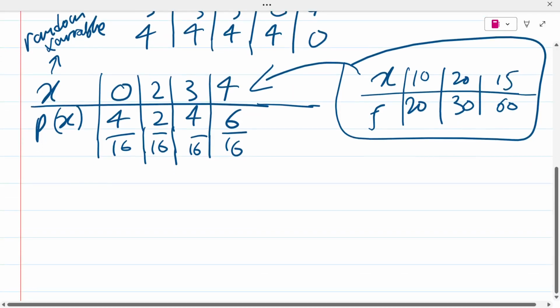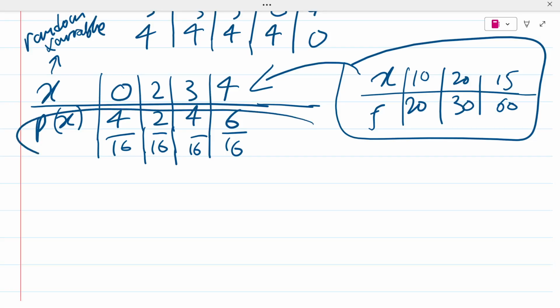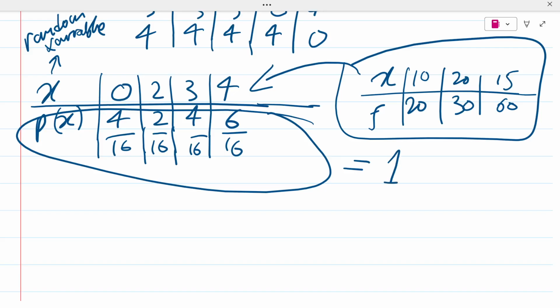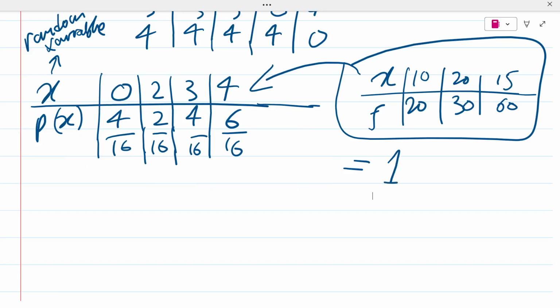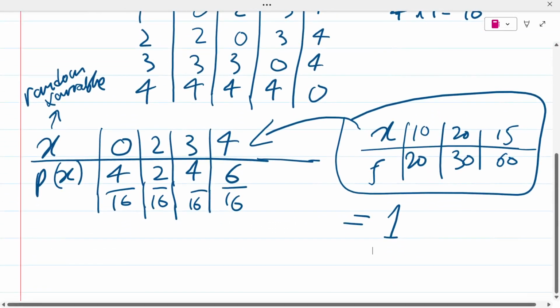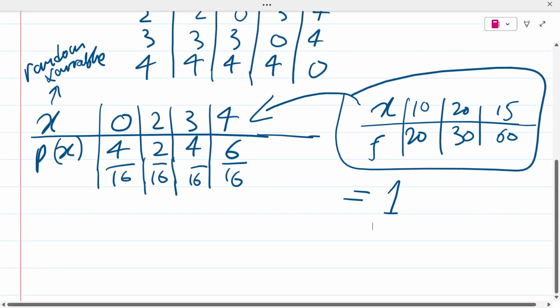Now, there's a property that you must know about this part of the table. You see this part? The sum of this is always going to be equal to 1. Once you know the concept, the question can ask you anything.